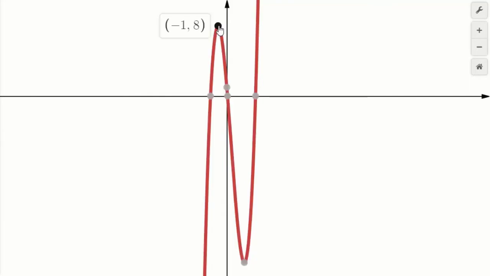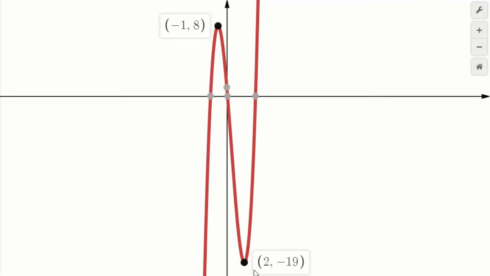One of them is at x equals -1, and the other one is at x equals 2. Looking at the shape of the graph itself, you can see that it's rising from left to right to the point x equals -1 and hits a high peak, and that's why my answer came out as a local maximum. It was f of -1 equal to 8.